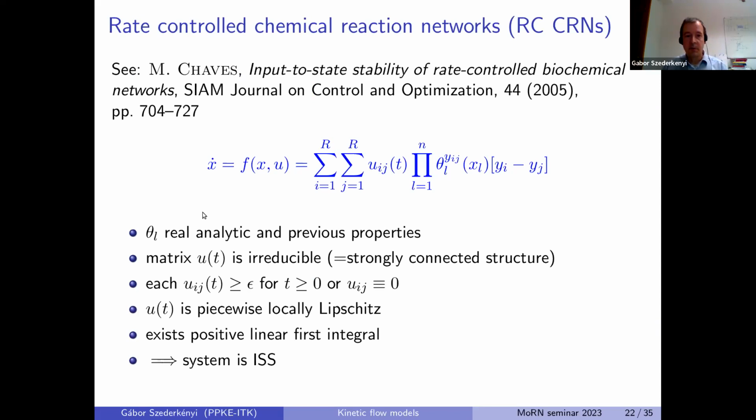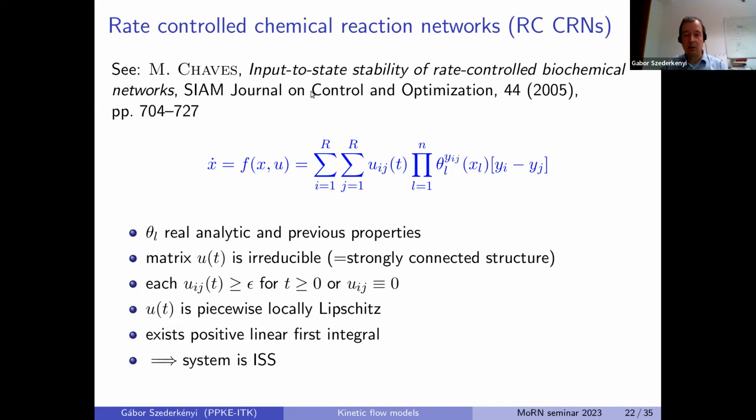So if we have the additional assumption that these theta functions are real analytic, and this coefficient matrix, which shows the graph structure of the reaction network, is irreducible, then this system will be input to state stable.